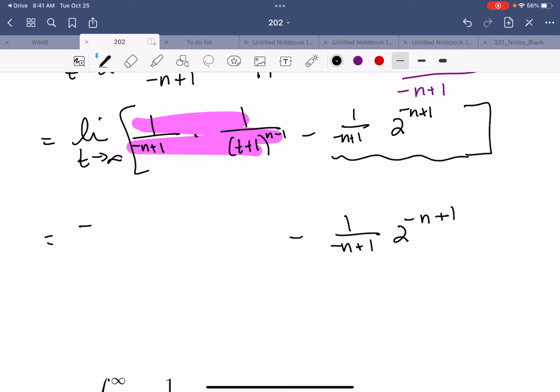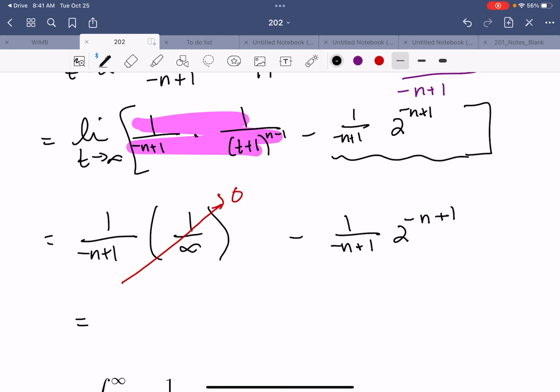The 1 over negative n plus 1 stays. That's just a number. And then you're plugging in infinity down there for t. So you're taking t plus 1, that's infinity plus 1, to a power that is going to be at least 1. So you're going to get at least a 1 over infinity here, and that 1 over infinity is going to go to 0.